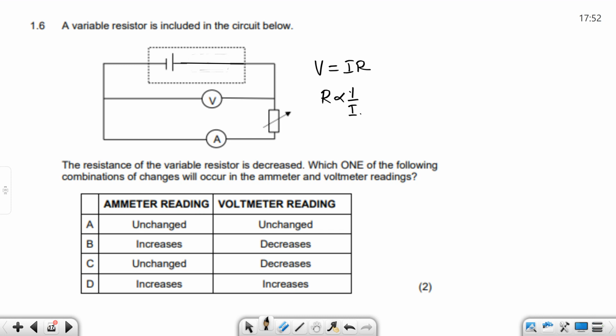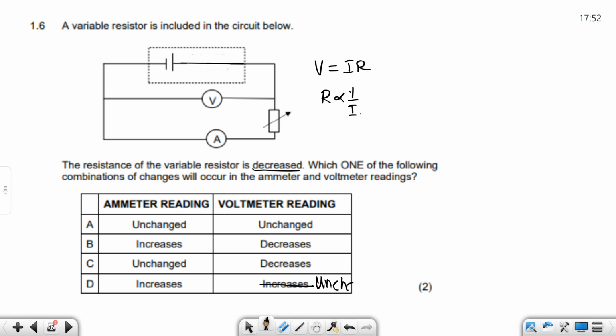This question is not going to make sense here though, because of the voltmeter reading. The voltmeter reading will not change in this case, because the battery remains the same. But if resistance is decreased, what will happen to current? Current will increase.